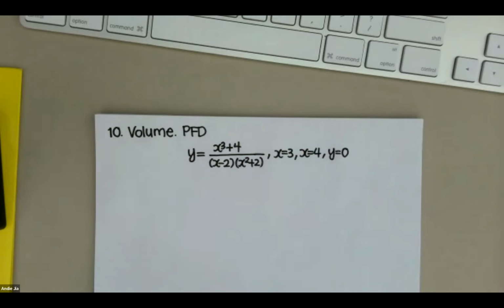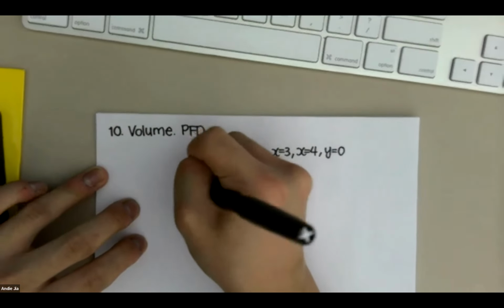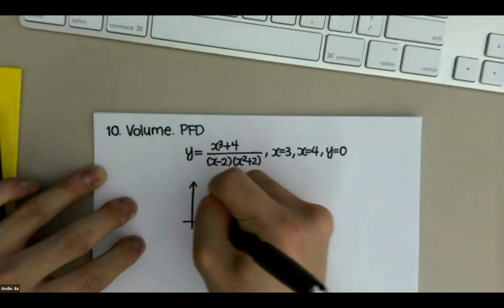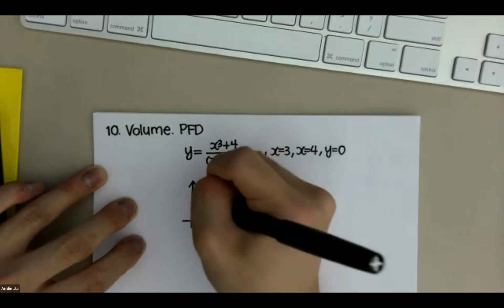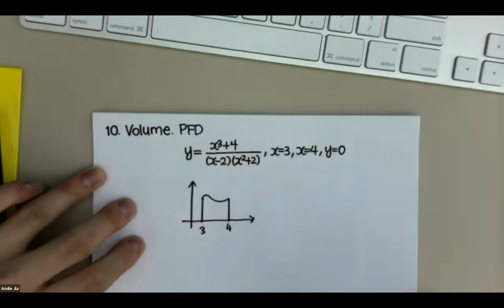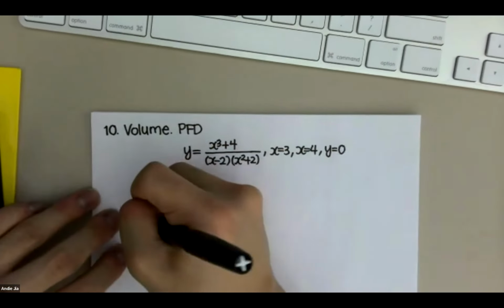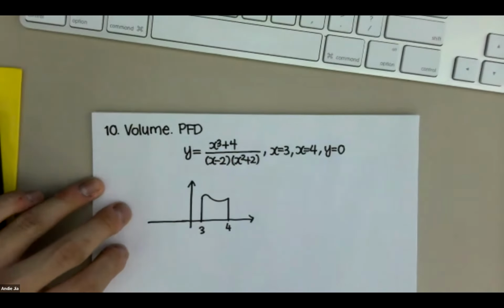So first we can sketch the region. Perhaps this is the whole thing. We have from 3 and from 4, and then we rotate the region about the y-axis.